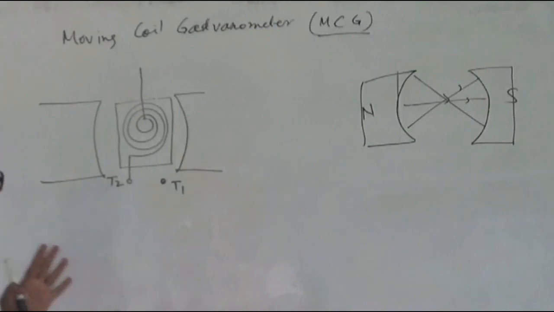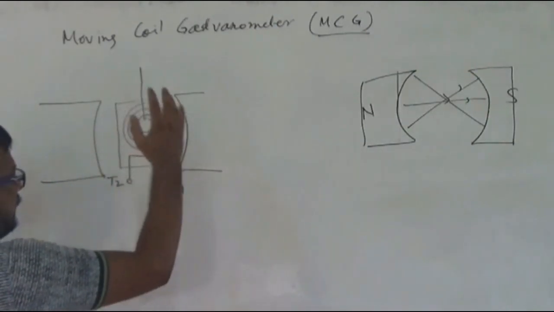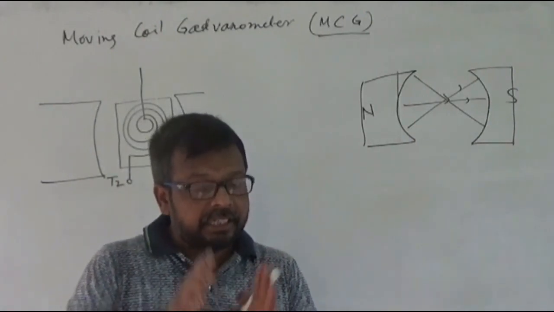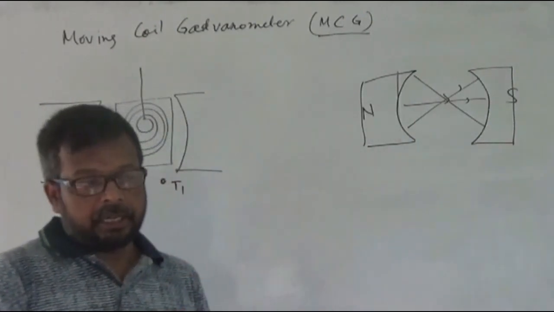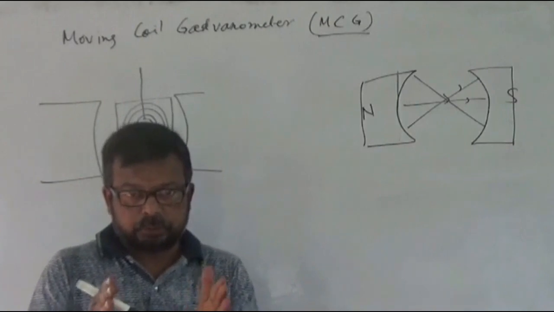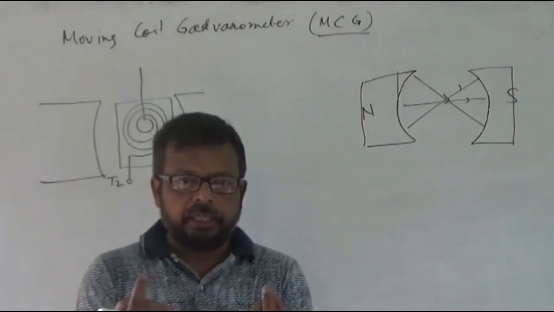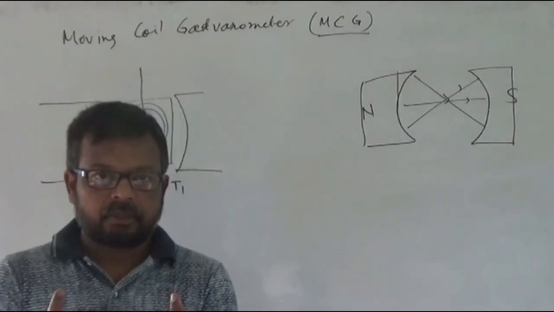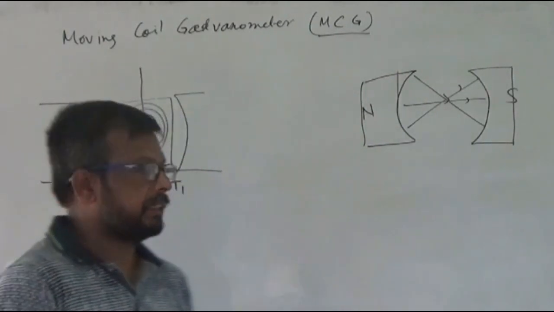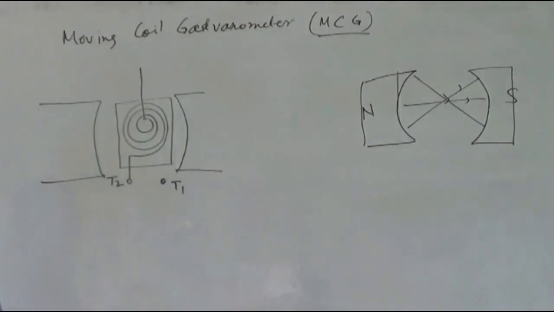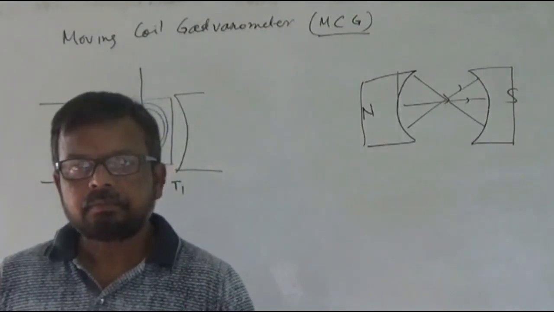Now if this is a spring, then it is called the table moving coil galvanometer. It is just what you have shown in your lab, a small device. You see only 2 points, and another thing is that this spring is connected to a pointer, right?